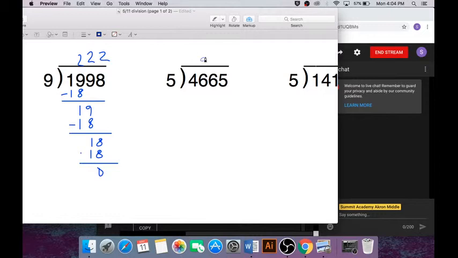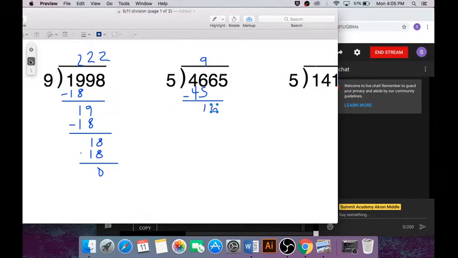And that's going to be 9. 9 times 5 is 45. So now we're going to subtract 46 minus 45 is 1. And we're going to bring down our 6. So now we have 16.